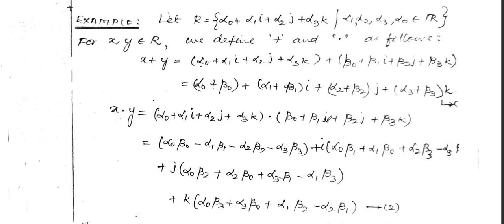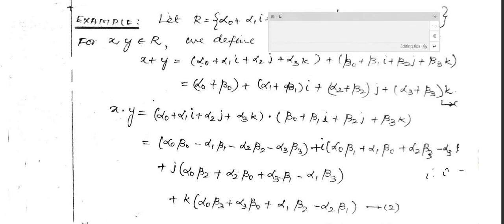I dot i, from the quaternion group that we know, we know already that i dot i is taken as minus 1. j dot j is minus 1. Similarly, k dot k is also minus 1. But i dot j is k, j dot i is minus k.